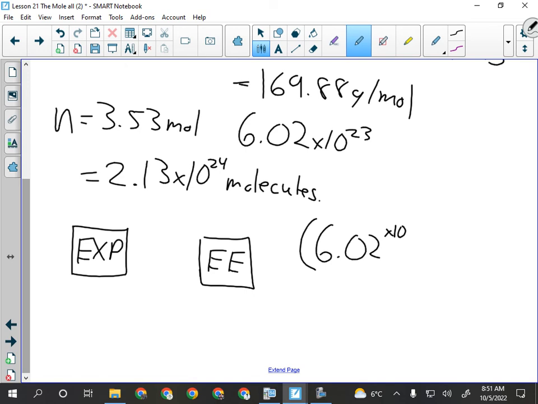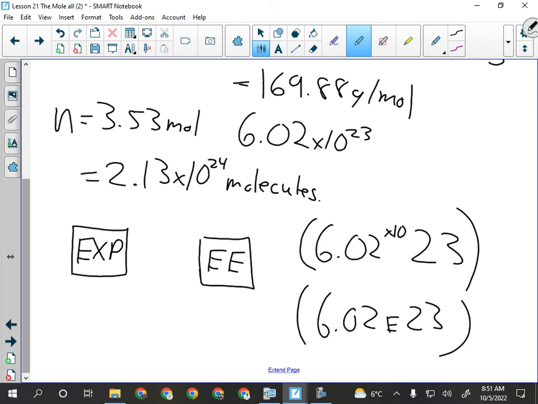Then you put in your 23, and it'll look like this usually. Sometimes it'll look like this, depending on your calculator. Either one of those is okay. If you've got anything else, let me know, and I'll come around and have a look. Everybody with me there?